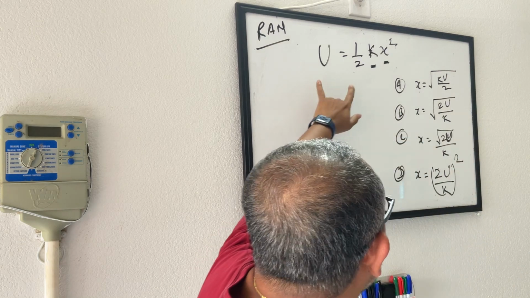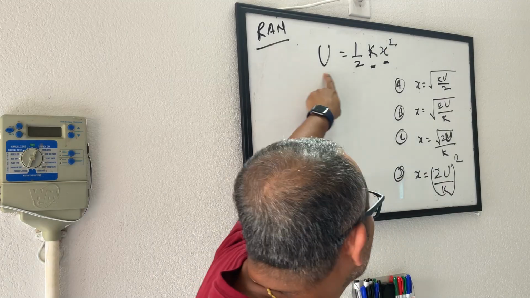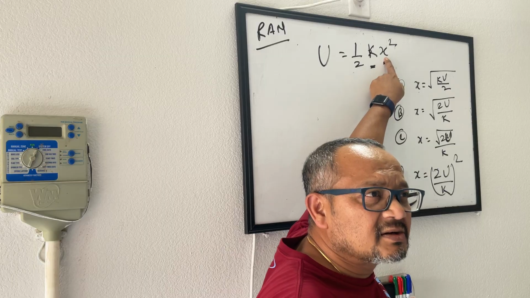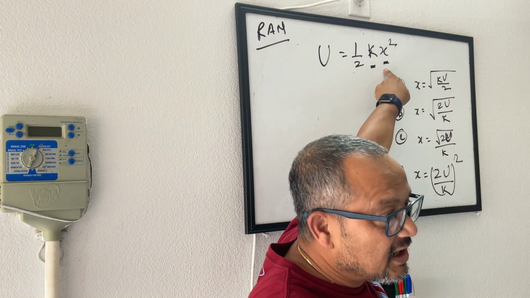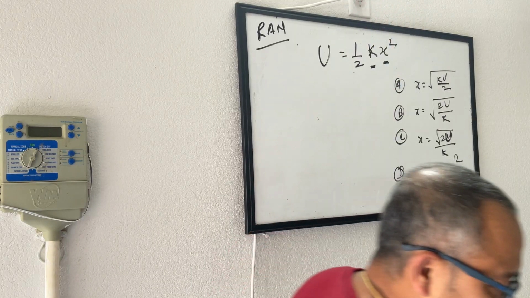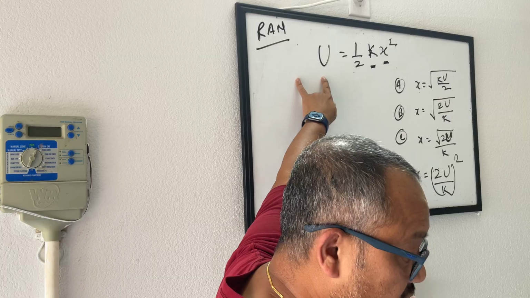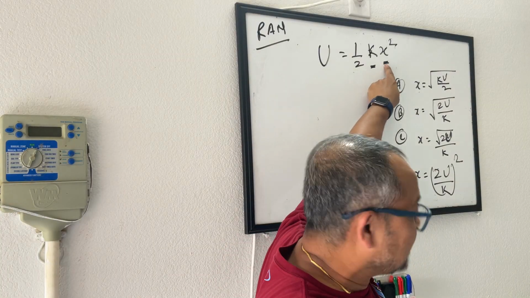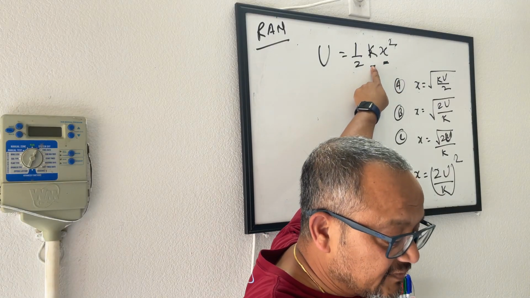So this is the question. You have this equation given where U is the energy, this is the compression constant or something, and this is the spring constant. Okay. Let me read that for you one last time. The elastic energy U of an object is determined by its absolute compression x and the spring constant k based on this formula.